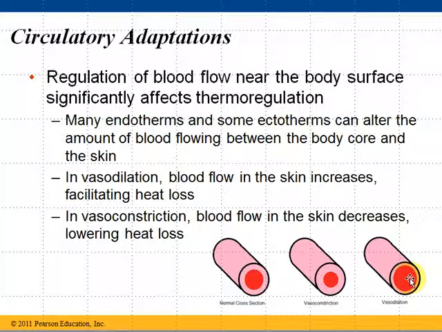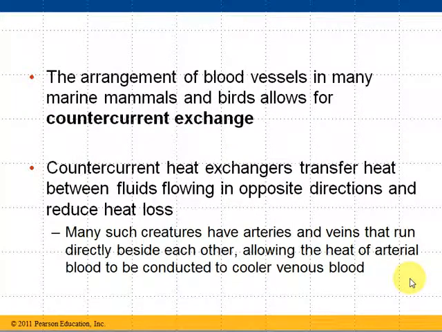There's also something called countercurrent exchange. It's an arrangement of blood vessels where the arteries and veins are directly overlapping or touching each other. And this happens a lot in certain marine mammals and birds where they are trying to keep their extremities warm. So think about the feet of a penguin or the flippers of a whale in the cold ocean waters.